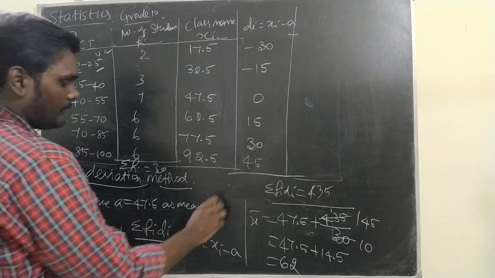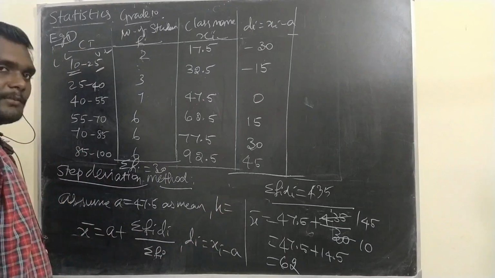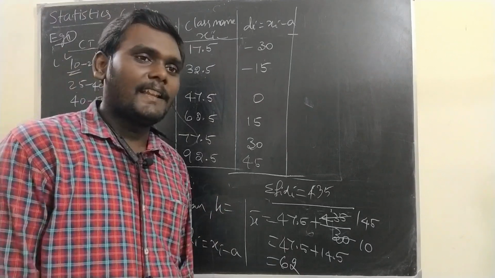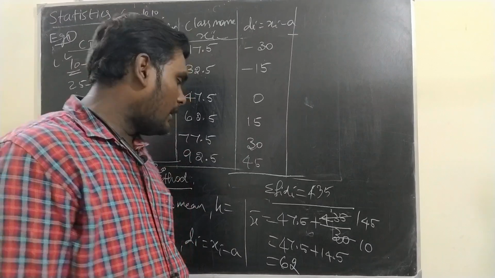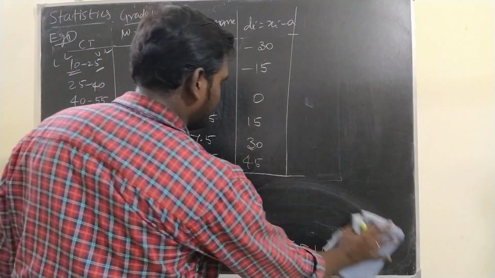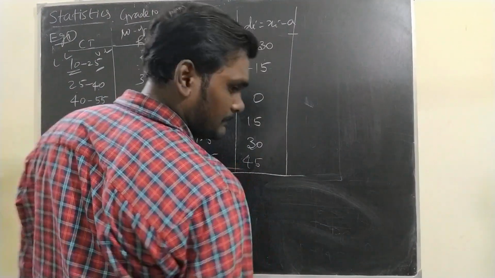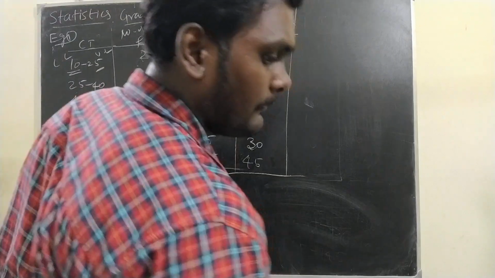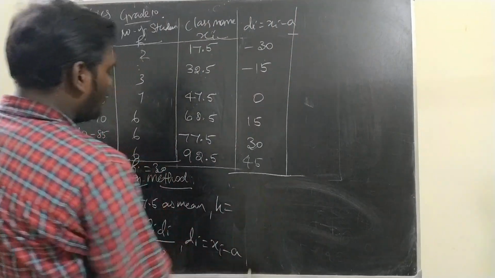For that, what is the h value? h means the class width, the class size. How do you calculate class size? Upper limit minus lower limit.